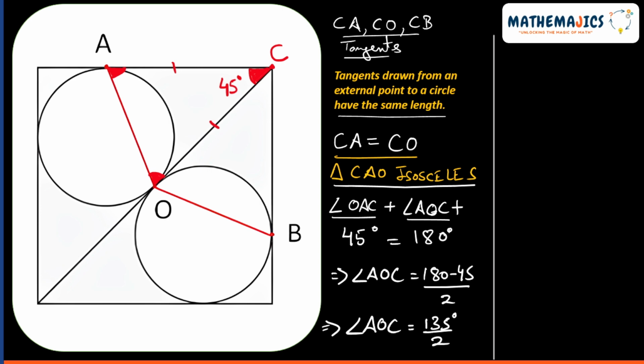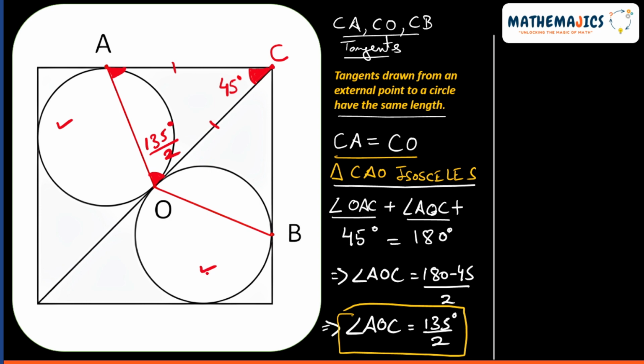Correct? So let's write it in a box and also mark this in the figure. Angle AOC is 135 by 2 degree. Correct? Now, as we can see that the upper circle and this lower circle, both are congruent to each other because they both lie in two equal halves of the square. Now, what is happening to the upper circle?